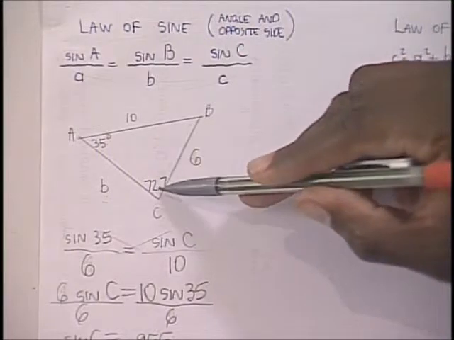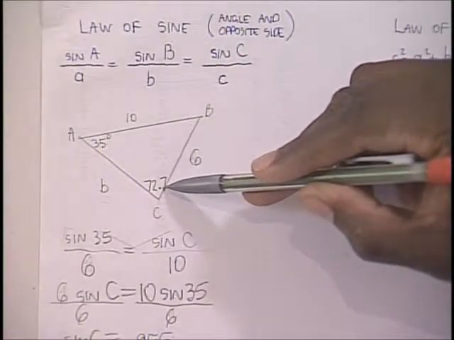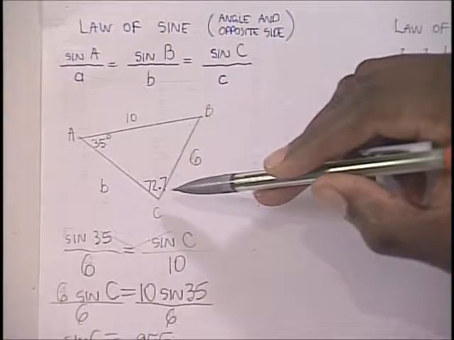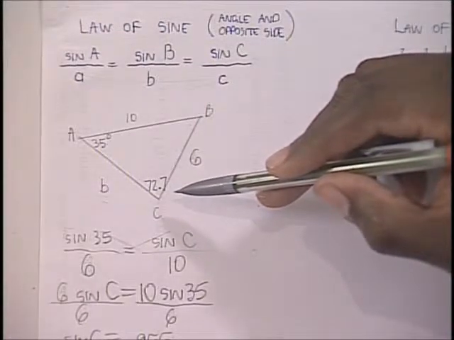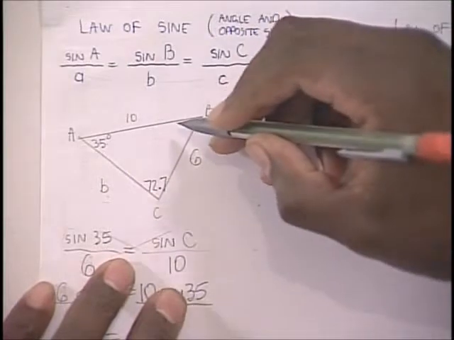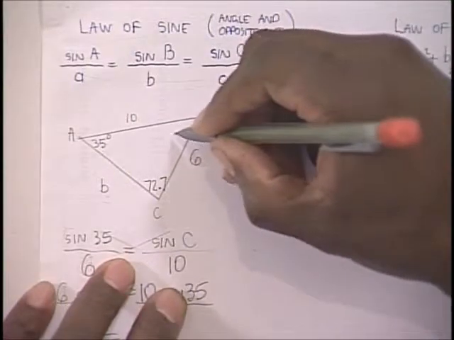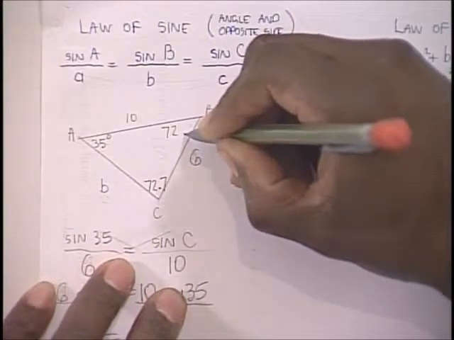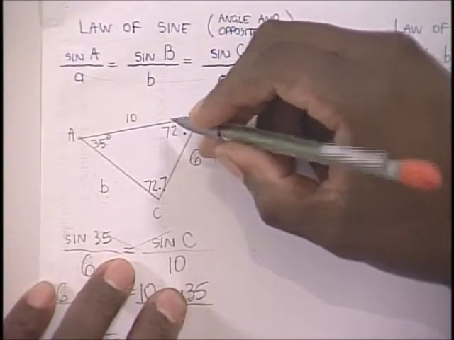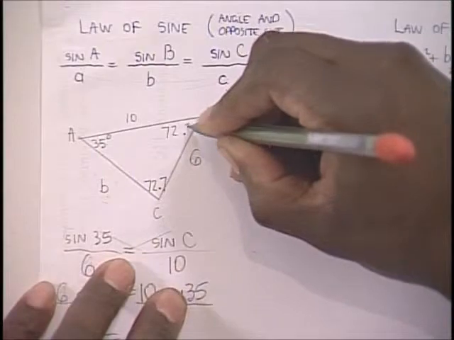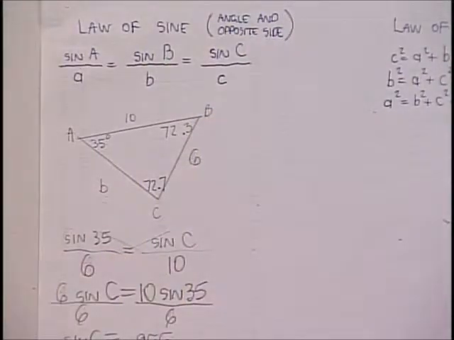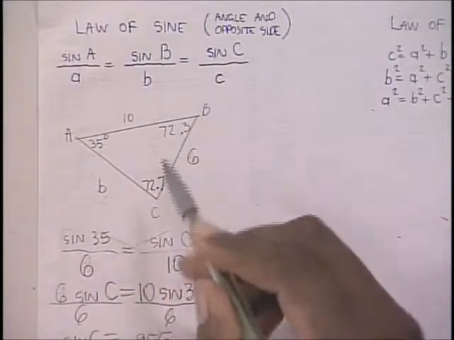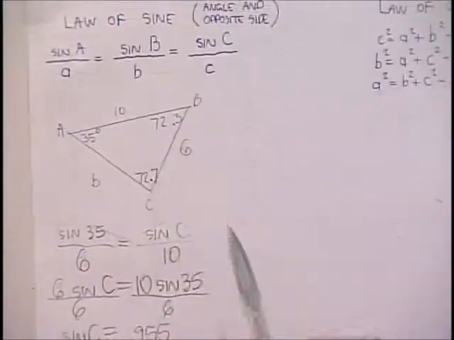So if we add this 72.7 to the 35, and then subtract that from 180, that'll give us this third angle, which is 72.3 degrees. Now we can get this side right here because we have an angle and the side opposite.